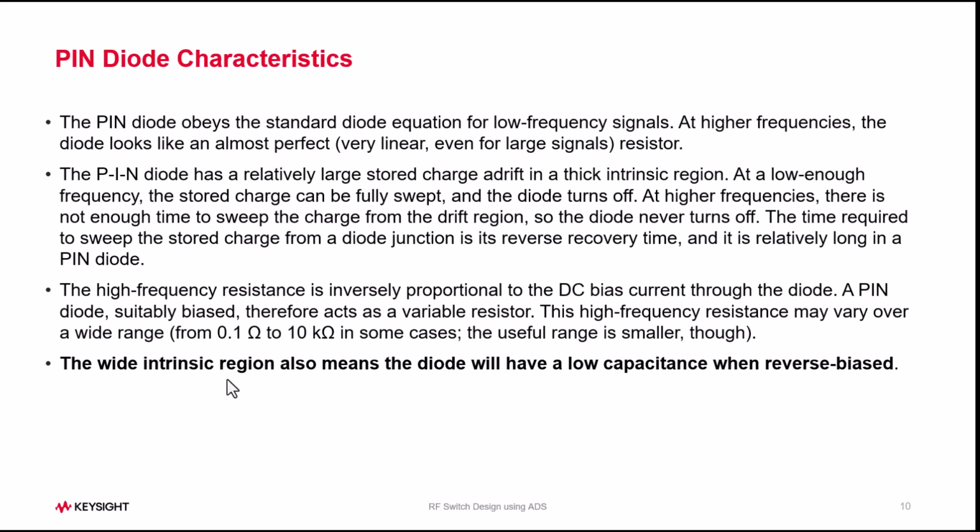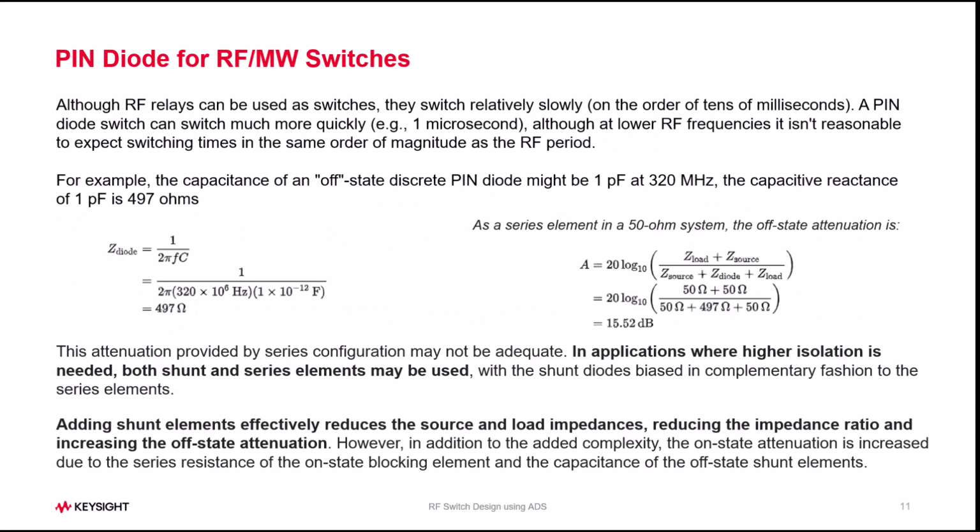Also, the wide intrinsic region means the diode will have low capacitance when reverse biased. So again, a couple of these properties will come in very handy when we go ahead with our switch design work.